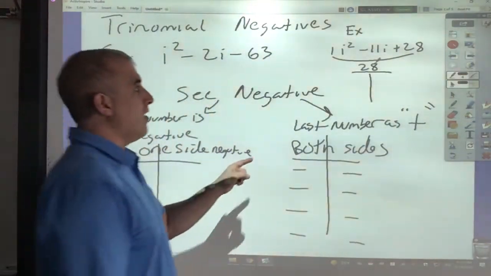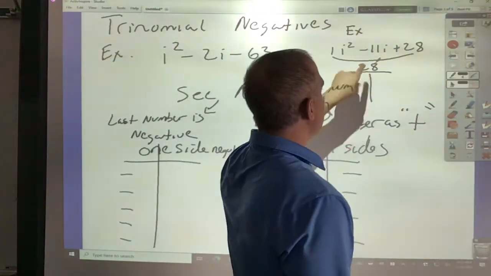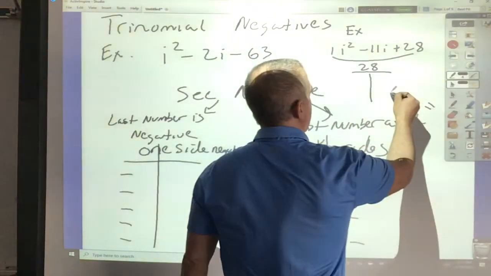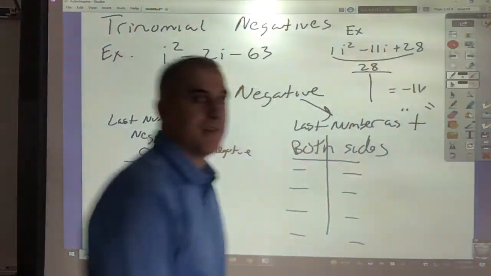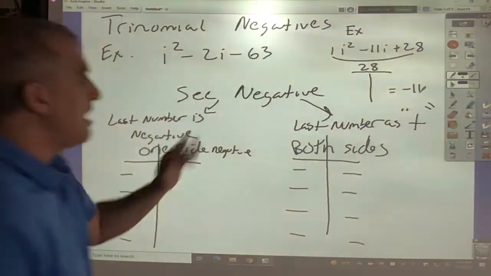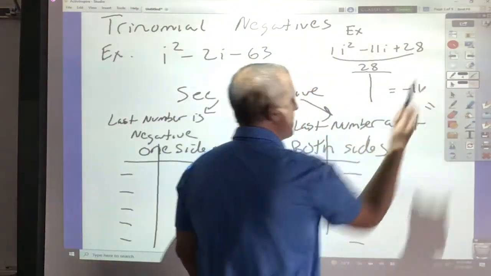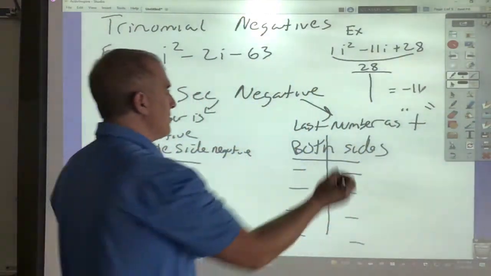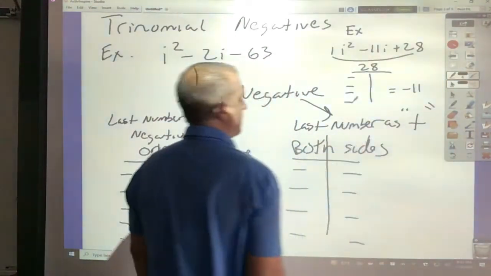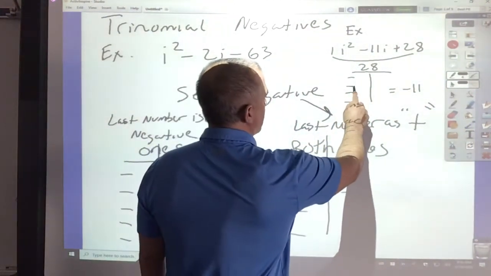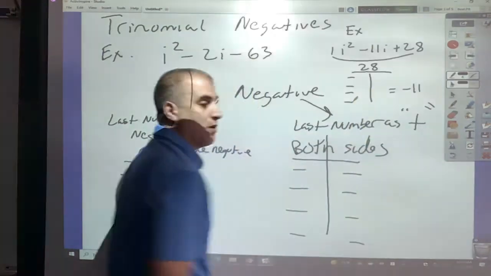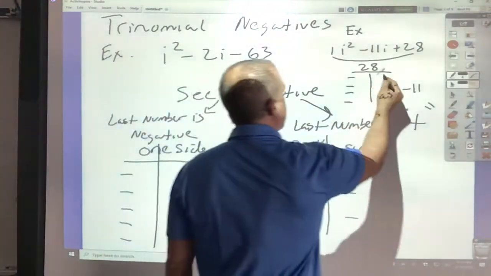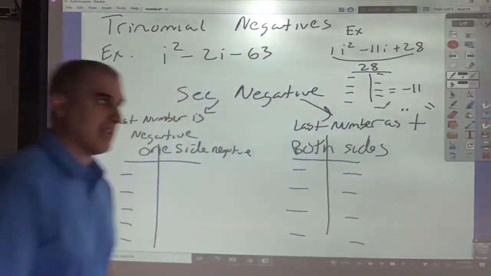Now, I'm looking for a set that would add up to negative 11. However, if they're both positive, they're not going to add up to negative 11. Well, Mr. Evans, what if I make one side negative? Well, then negative times a positive wouldn't give you a positive. So that's why both sides have to be negative.